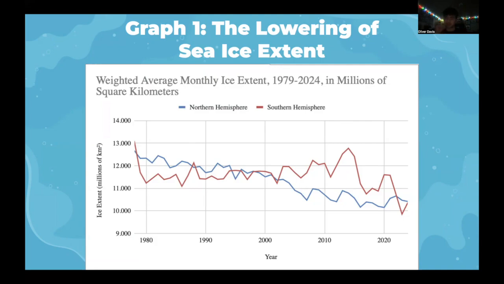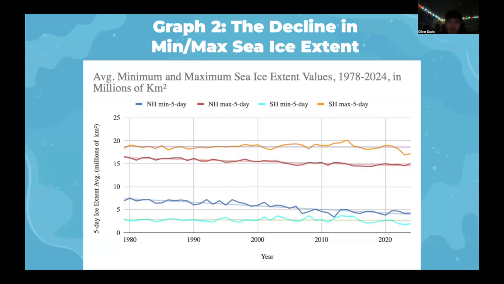So this is my second graph, and it shows the decline in minimum and maximum sea ice extent in each hemisphere from 1978 to 2024. Years are on the x-axis, and on the y-axis, we have the 5-day ice extent average, which basically measures the 5-day period each month with the highest and lowest ice extent.